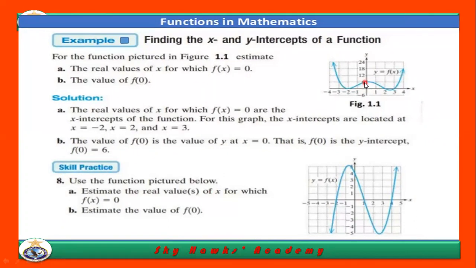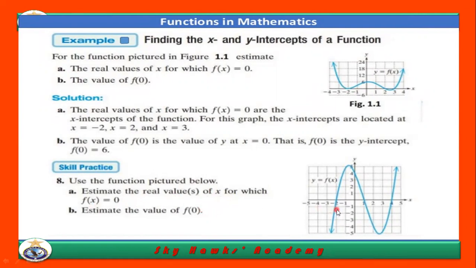You can see the value 6. So there is only one y-intercept, the curve intercepting the y-axis at a single point. That's why 6 is the y-intercept.